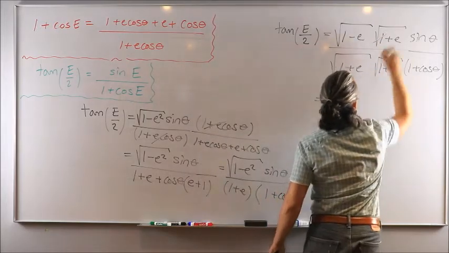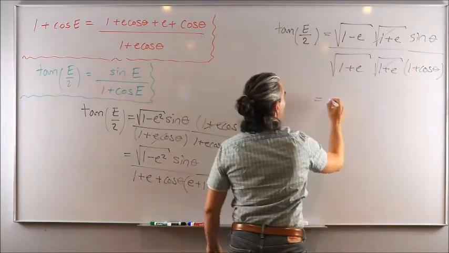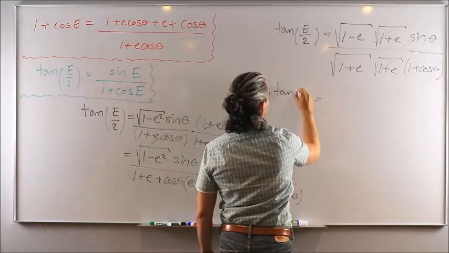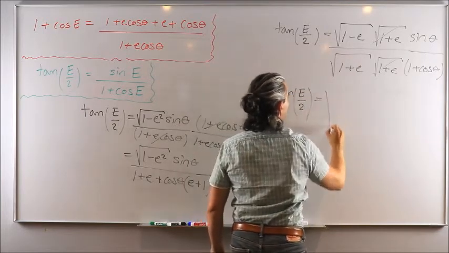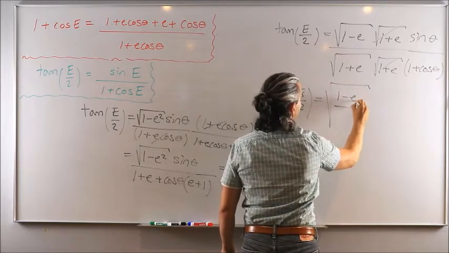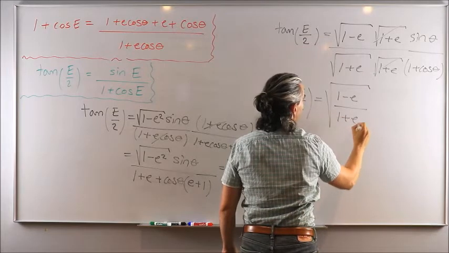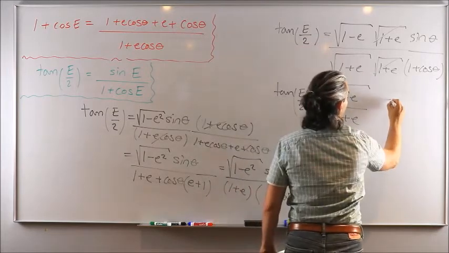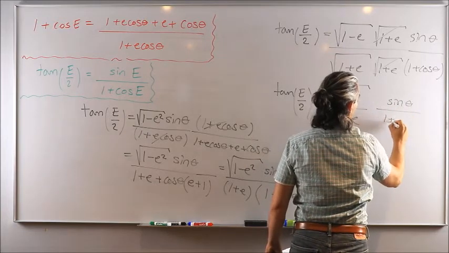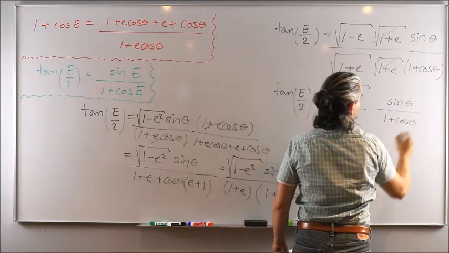First off, we can cancel those two terms and write that tan of eccentric anomaly over 2 is equal to the square root of the ratio of 1 minus e over 1 plus e, like that, times sine theta over 1 plus cos theta.